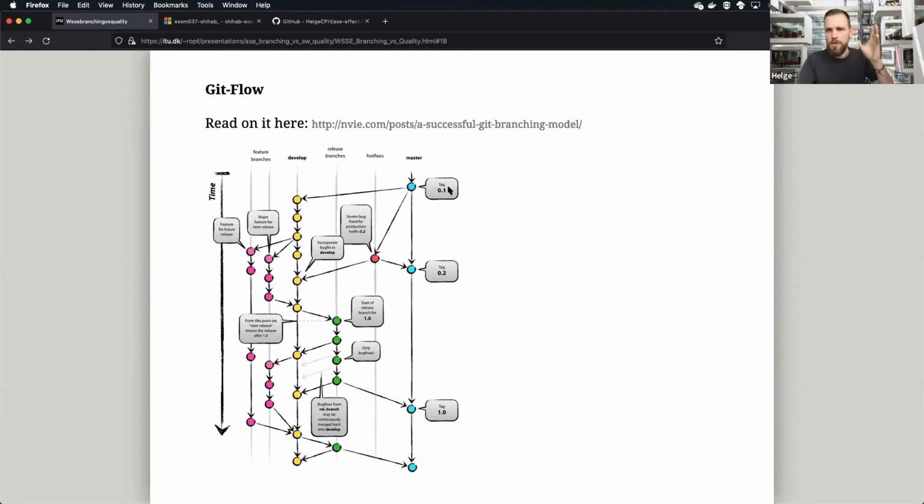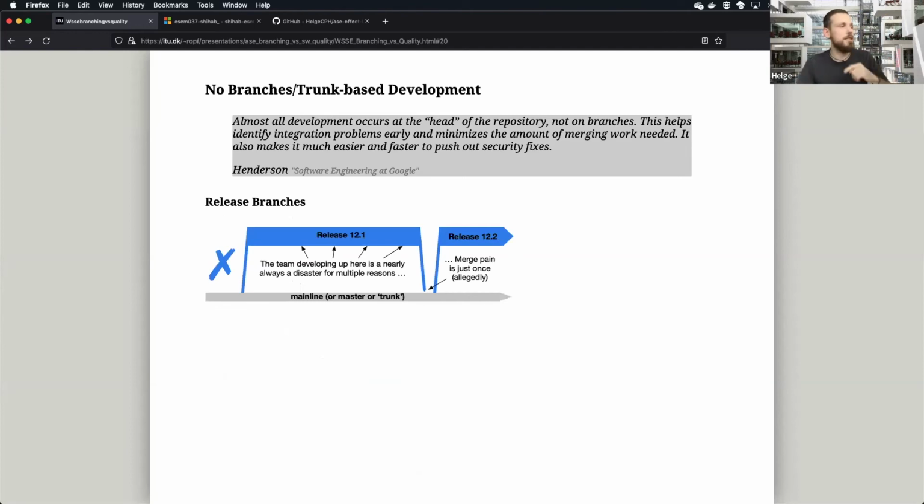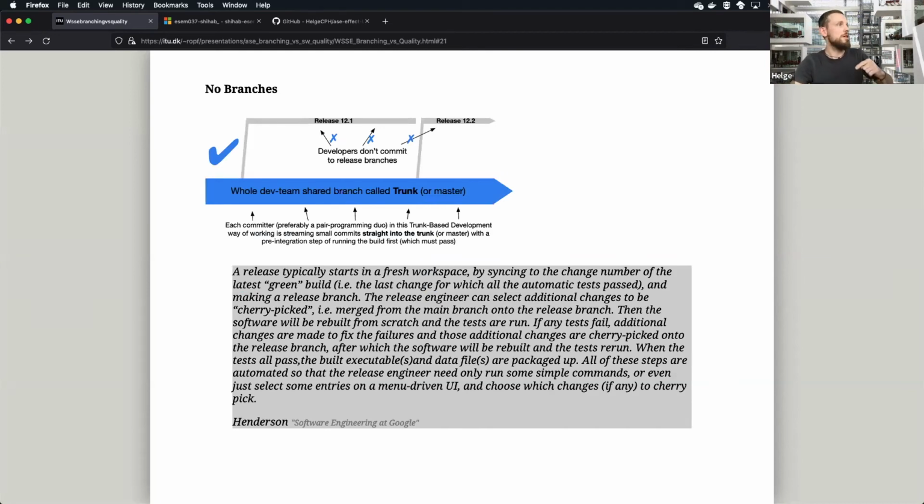In essence, my point here is Git flow is somehow a mix between the previous two, long-running branches and feature branches. Then you have people like Google that say, nah, we don't branch at all, actually. And they do the opposite. They say we don't have our main branch or master branch and take releases from it, as we just saw in Git flow. They say we do the opposite.